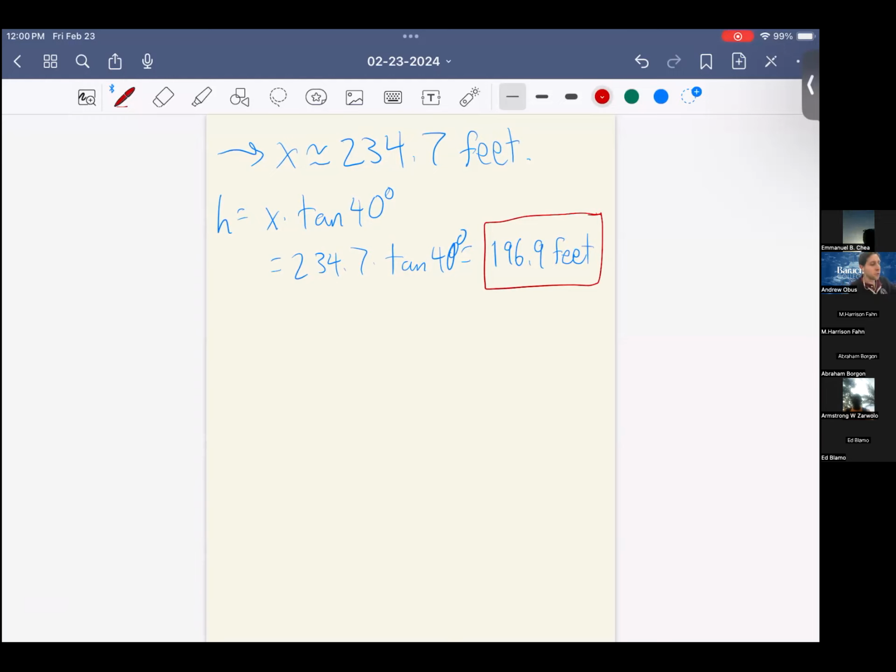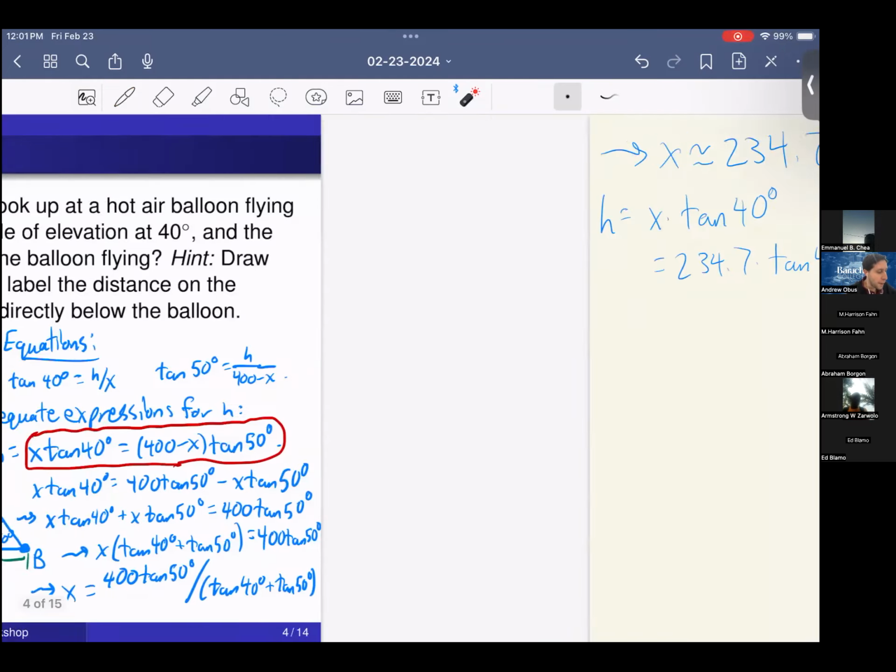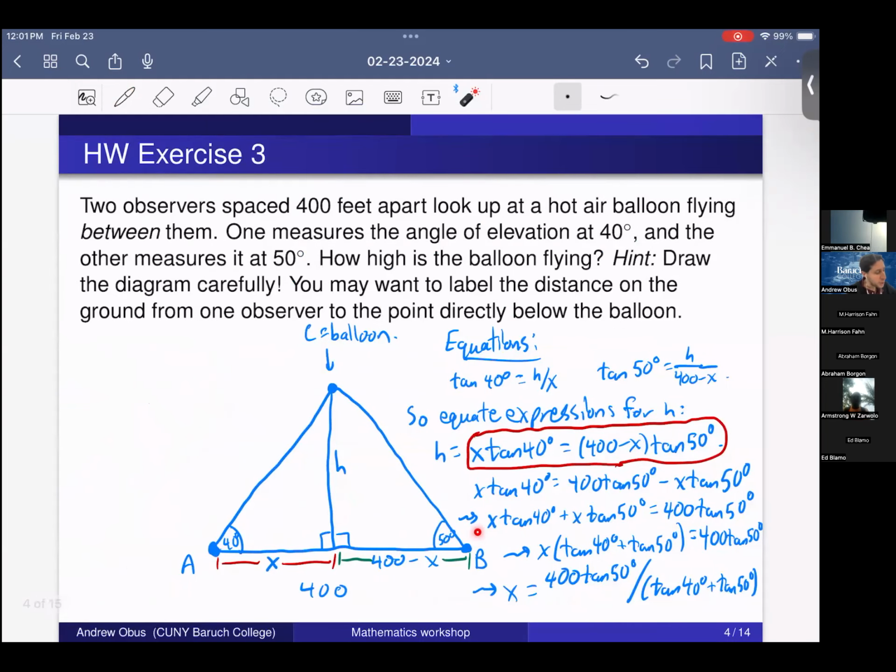It should be 196.9 feet. So this is the answer. This is how high the balloon is, and it's kind of nice to know that you can tell that only by knowing how far apart you are and what your angle of elevation is.